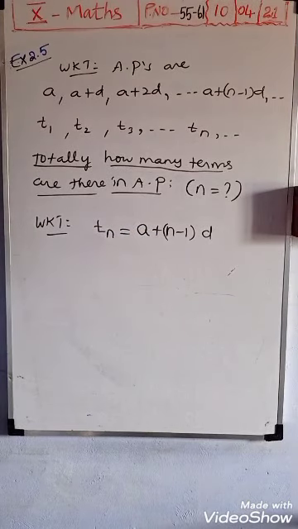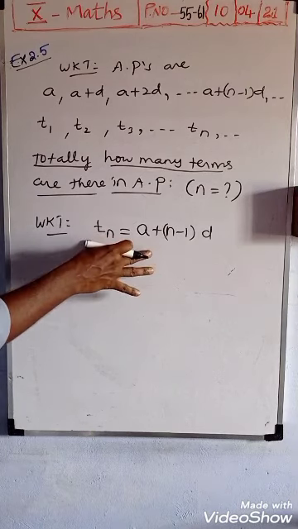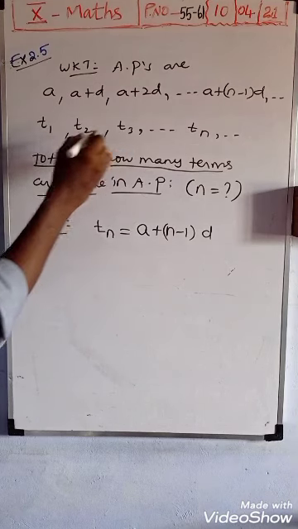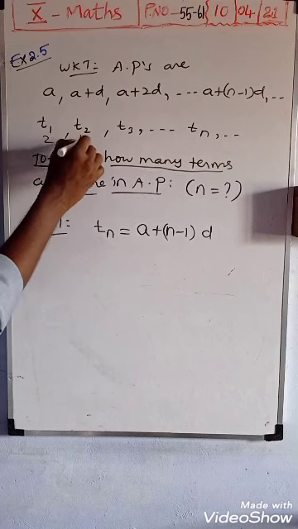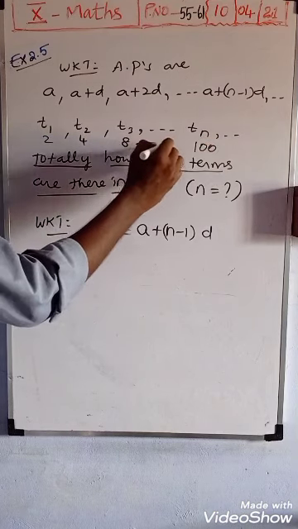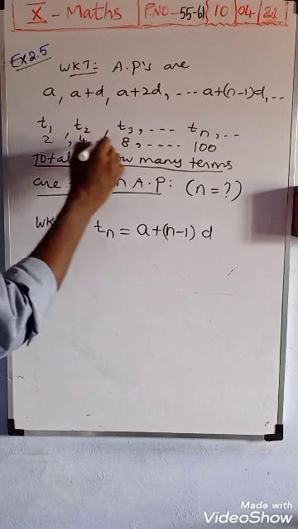So here, suppose any one of the sequences is given, an arithmetic sequence or arithmetic progression, Tn, we know that. Suppose any one of the arithmetic series, for example 2, 4, 8, then this is 100. Now we want to find how many terms are there in that AP.